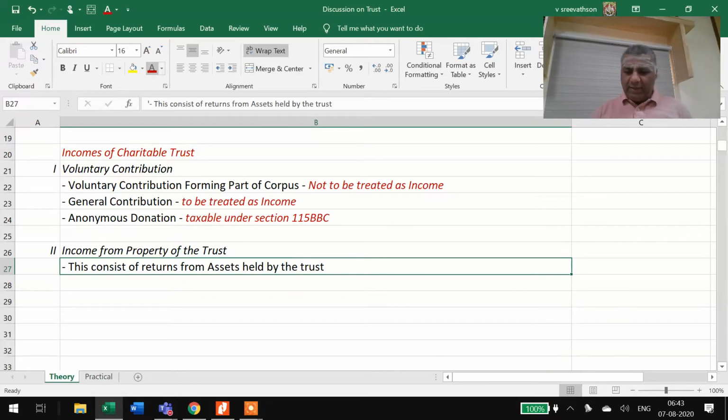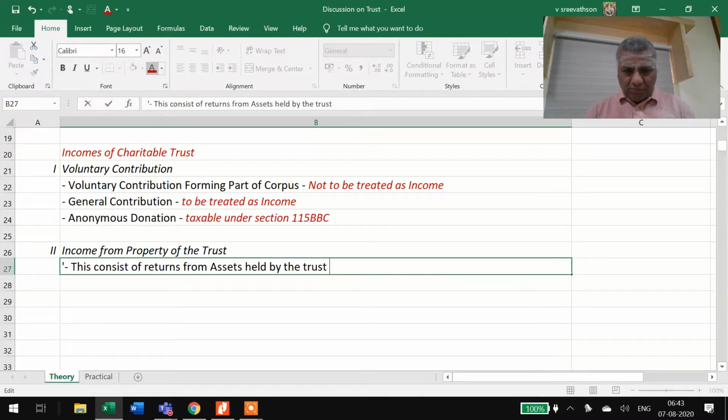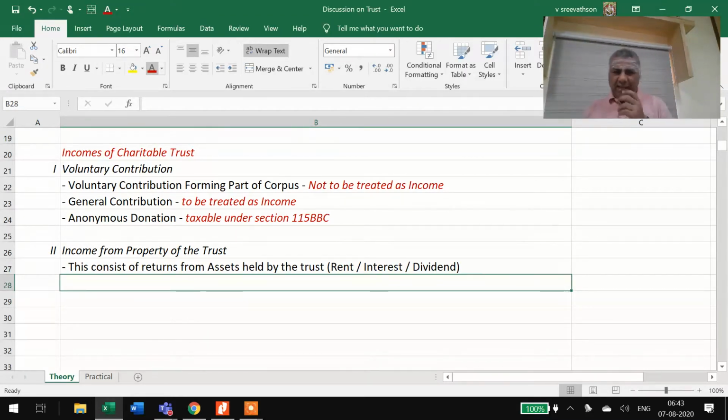It can be in the nature of rent, interest or dividend. It can be anything which falls under income from property of the trust.